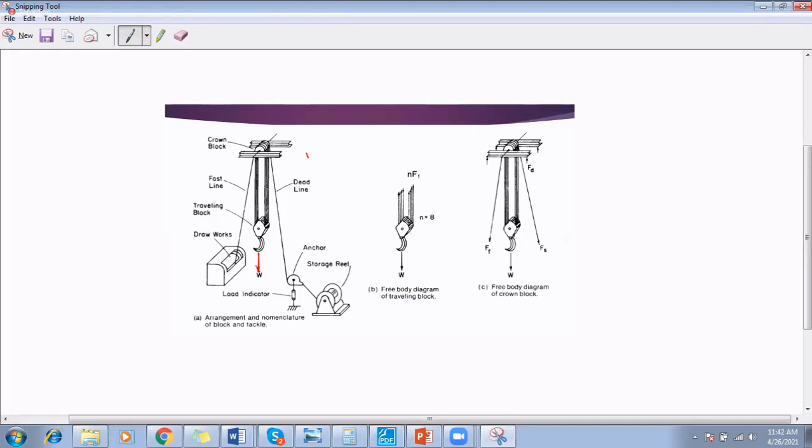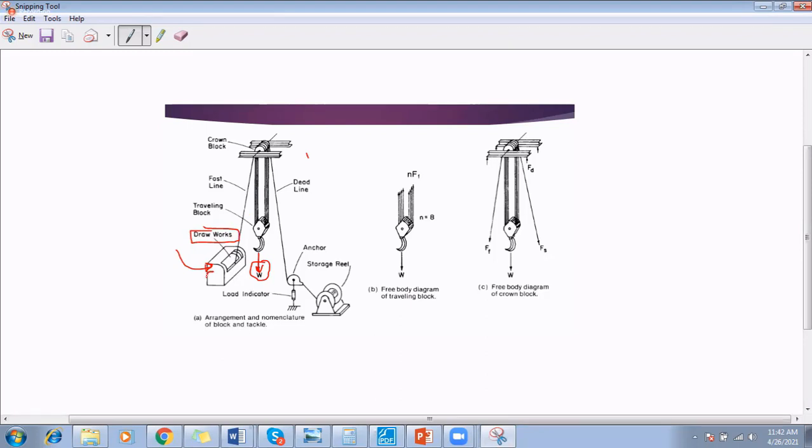This is the arrow, and here you can see that you are lifting this load. Okay, and you are lifting this load on the basis of power that has been provided from the drawworks. So actually you are controlling this whole mechanism from the drawworks.